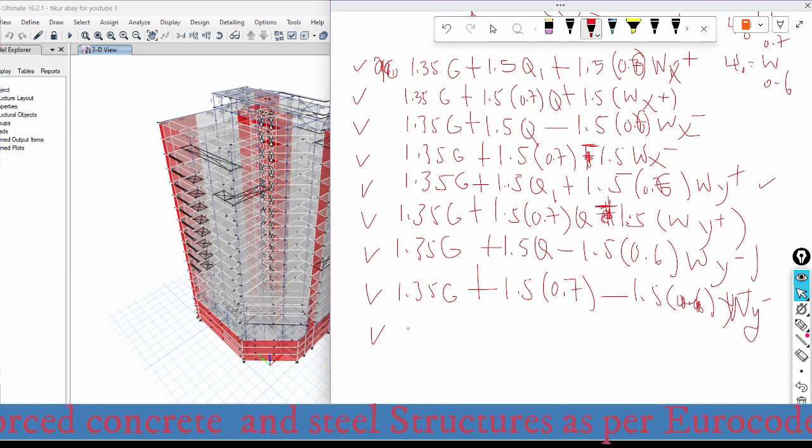And the other is we can also put the gravity load combination, that means 1.35 permanent load, one of the combinations, and the other is 1.35 permanent load plus 1.5 live load.